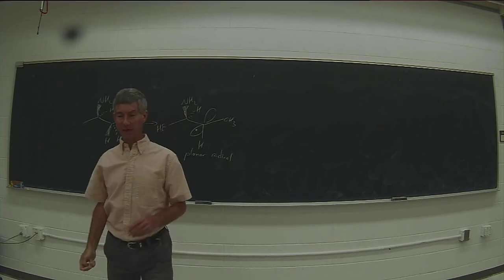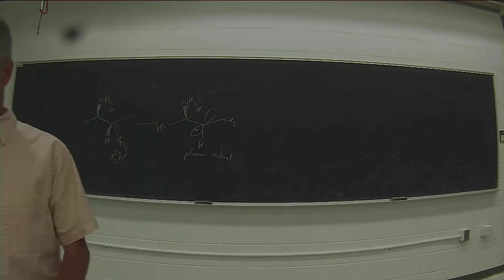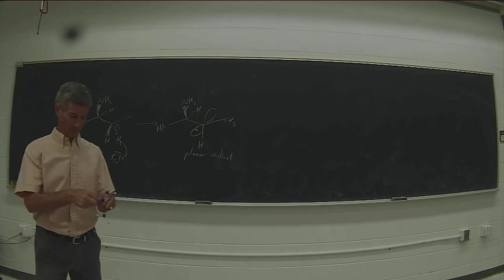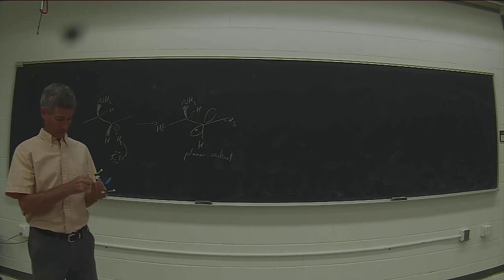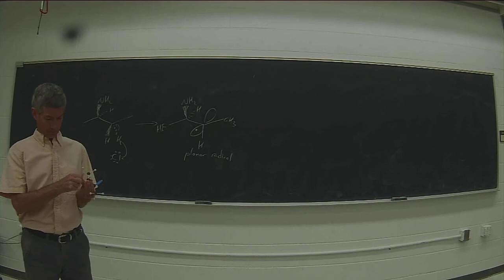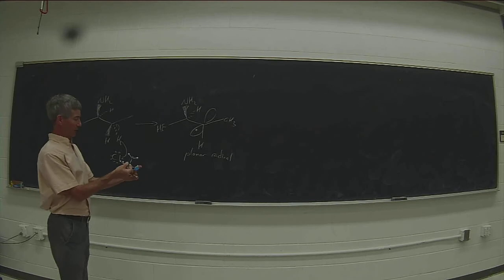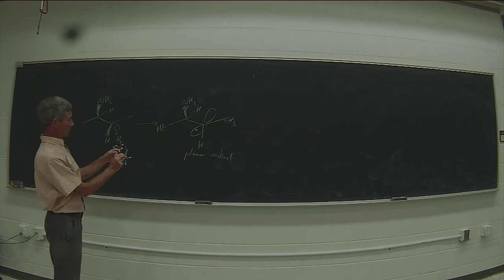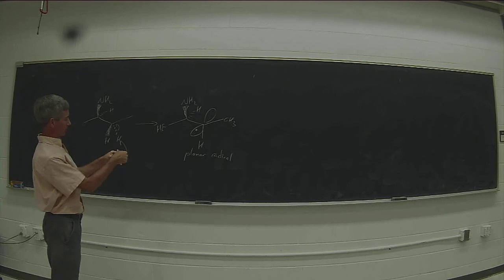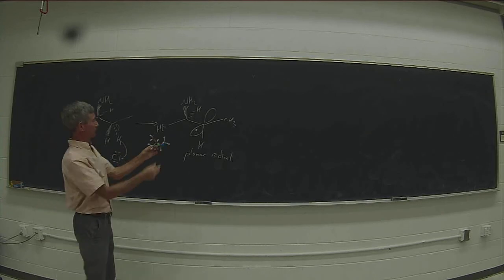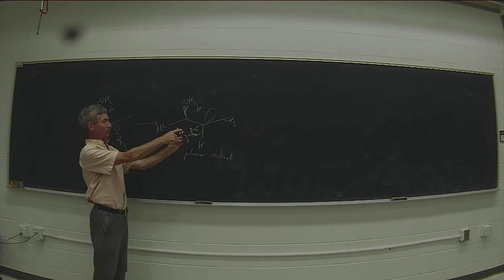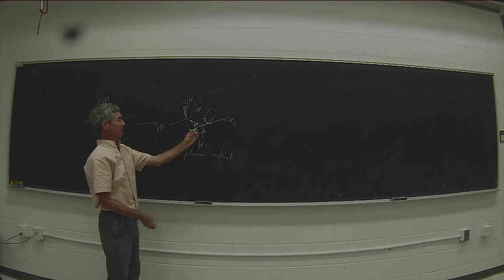Again, we have a planar radical. But now we have a chiral center at the adjacent position, where the NH2 group is coming out and the hydrogen is going back.